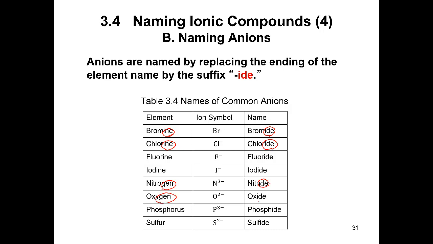Oxygen, oxide, okay? Phosphide, sulfide. So when you get down to these, the chlorines are easy because you just go from -ine to -ide. But like nitrogen, oxygen, phosphorus, sulfur, they're going to form from that first prefix of the name. So nitride, oxide, phosphide, sulfide.